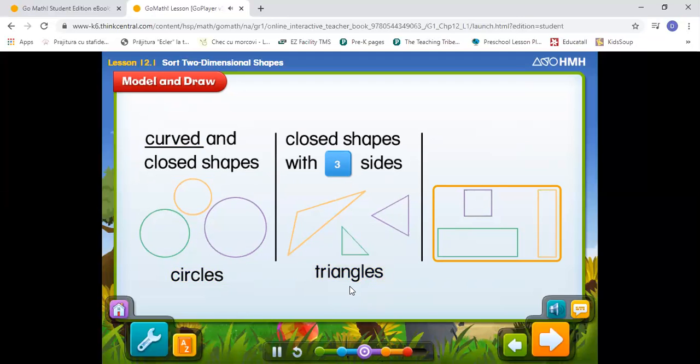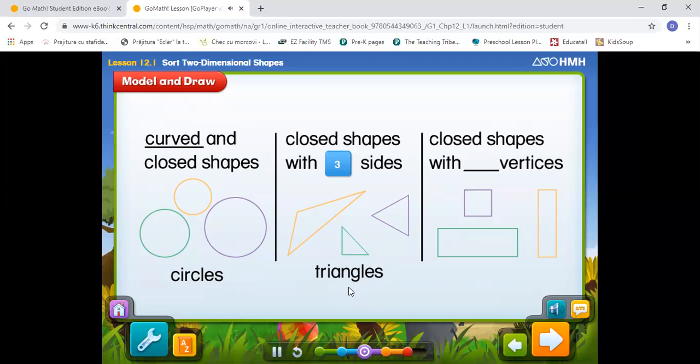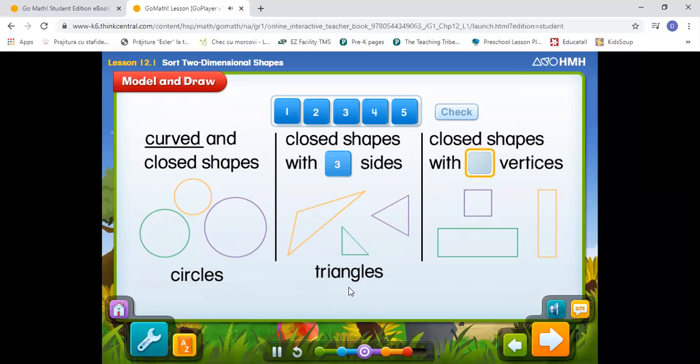In the third group, the shapes are different colors and different sizes, so they weren't sorted by color or size. All the shapes are closed. How many vertices or corners does each shape have? Drag the correct number into the blank, then click check. So let's see. 1, 2, 3, and 4. Let's drag number 4 here.